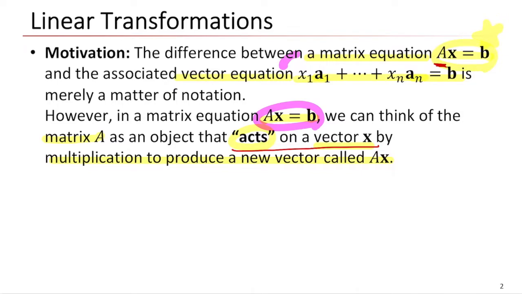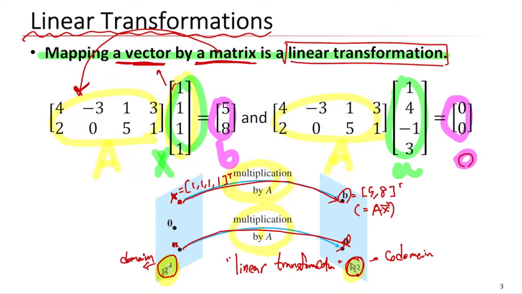We want to think of the matrix A as an object that acts on the vector x. So the linear transformation is a mapping of a vector x by the matrix A. We call this equation a matrix linear transformation, okay?